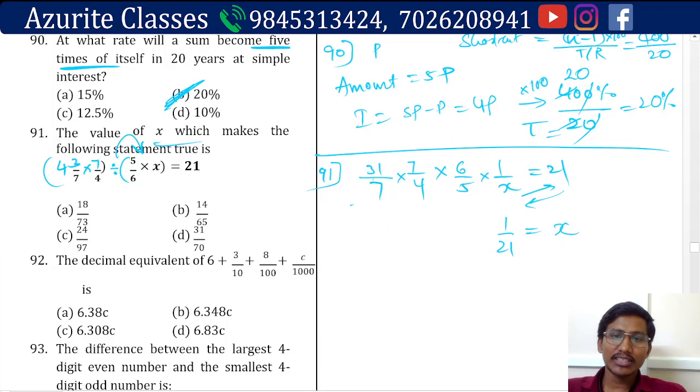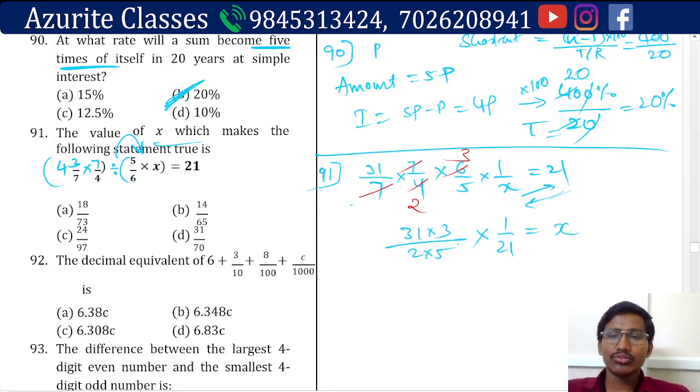Now cancel: 7 and 7 cancel, and then 4 and 6, 2 2s are 4, 2 3s are 6. What is remaining? 31 into 3 in the numerator, 2 into 5 in the denominator, into 1 by 21. The 21 came below, in the place of x.